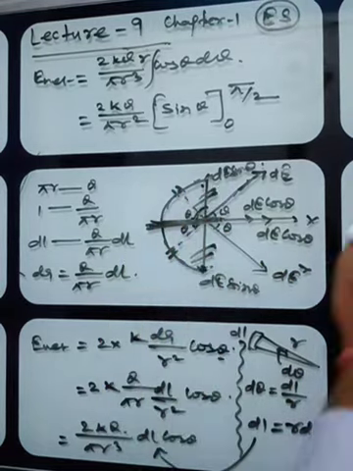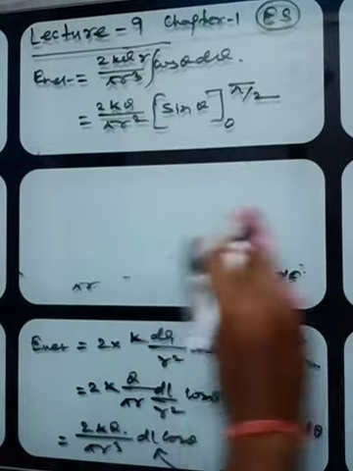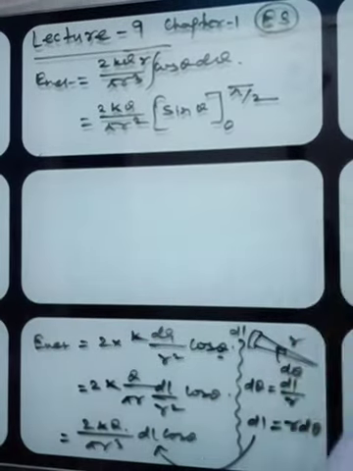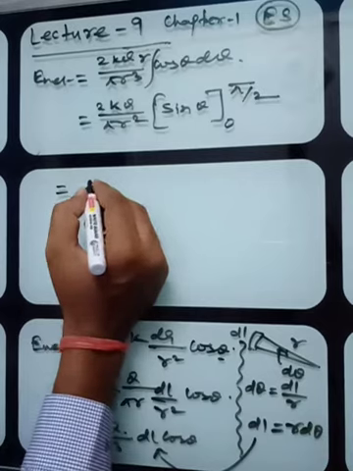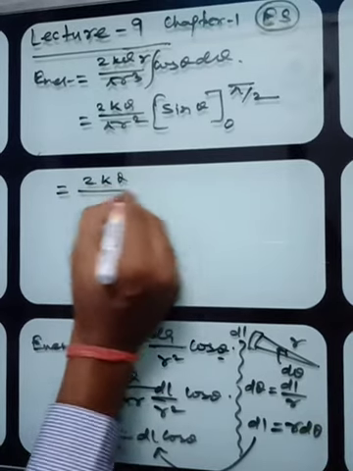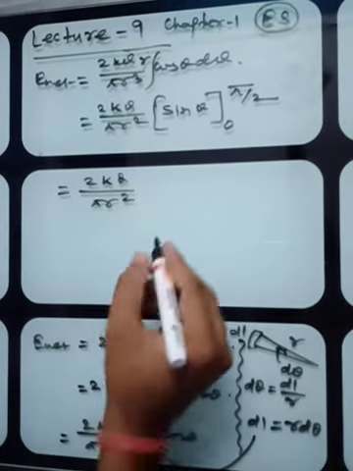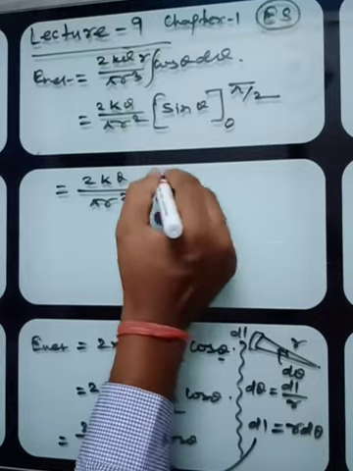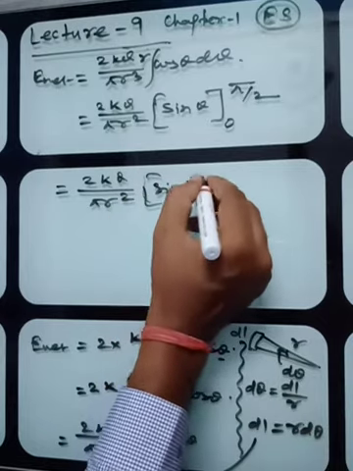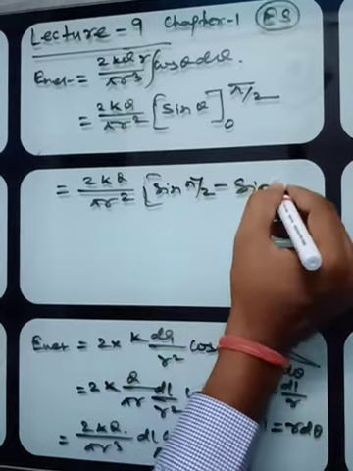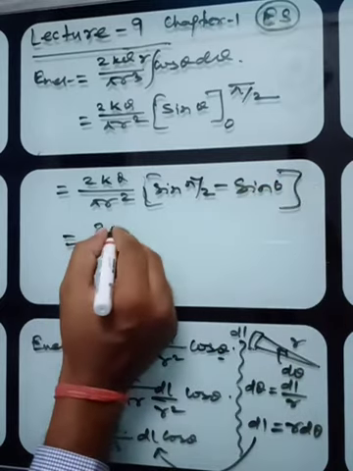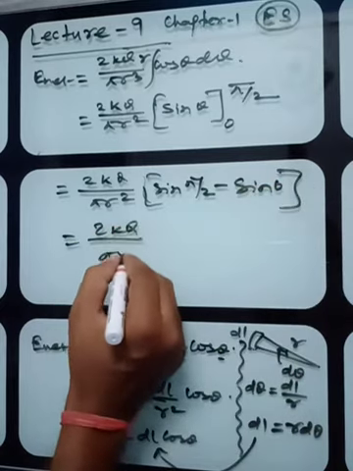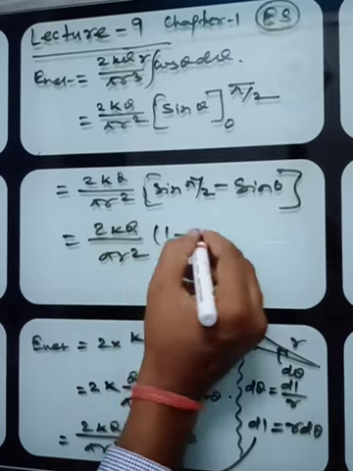Now you can find the answer. How much is it? 2kq by pi r square and sin pi by 2 minus sin 0, upper limit minus lower limit, kq by pi r square, 1 minus 0.